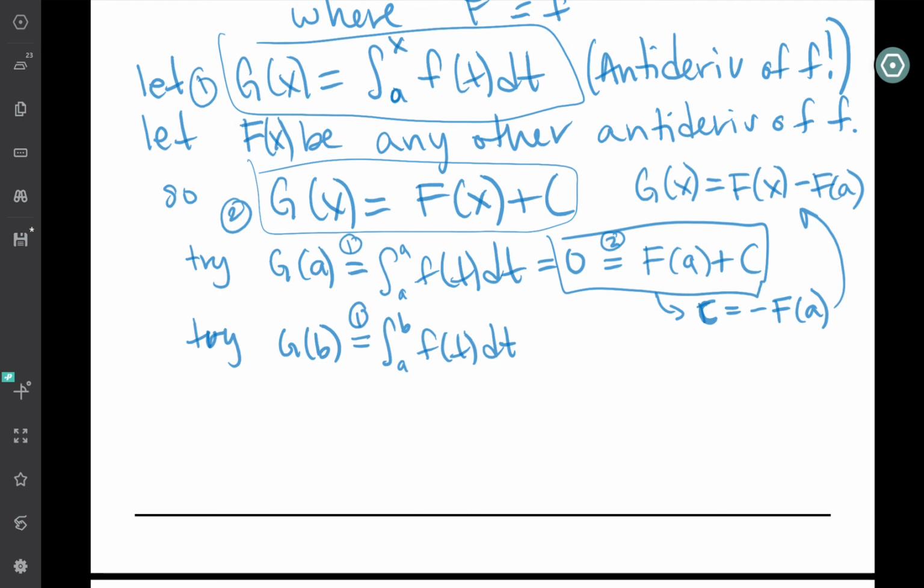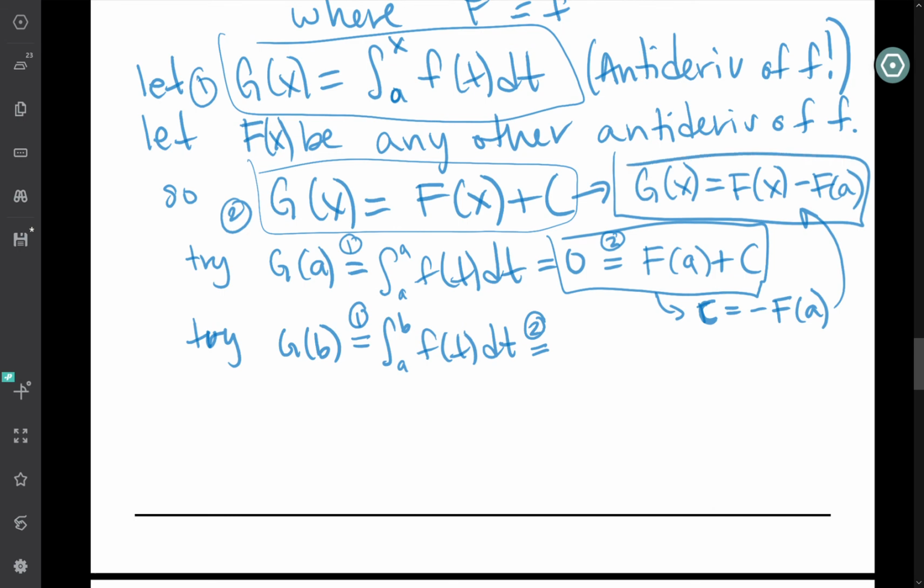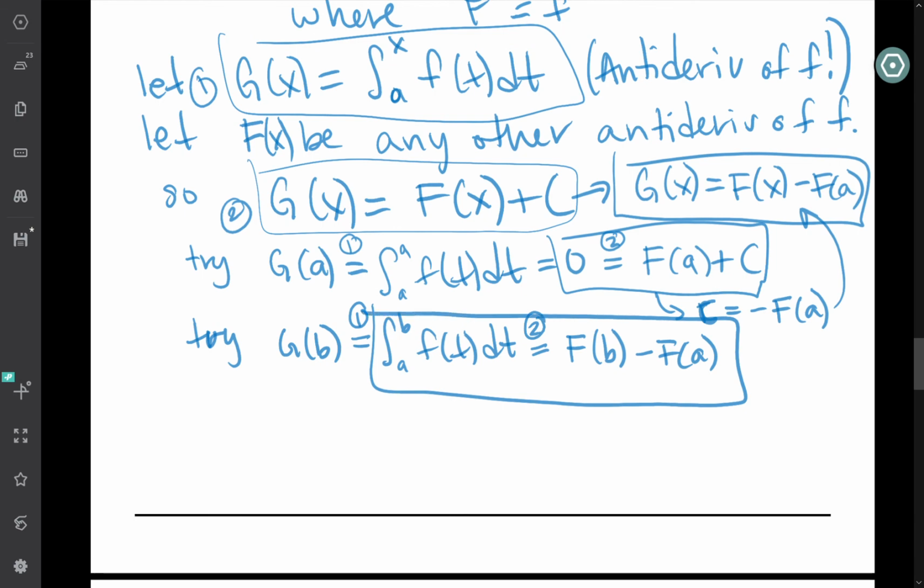We don't have any easy conclusion to draw, but we can compare to number 2, which is now new and improved, and say that this should also equal F of b, because we plug b in for x, minus F of a. And this is exactly what we were hoping to claim, that the definite integral from a to b of little f will in fact equal any antiderivative evaluated at b, and then evaluated at a, and then subtract.